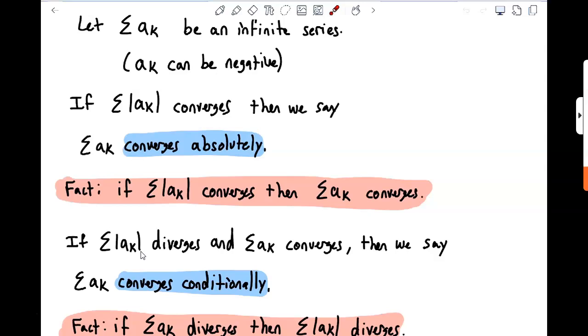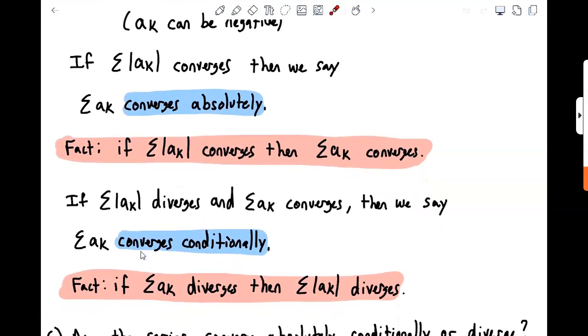However, if the absolute value diverges, yet the series where we allow negative signs in converges, then we say that's conditional convergence. And of course, if the alternating or whatever other kind of series diverges, then automatically the more restrictive, where everything has to be positive, will also diverge.